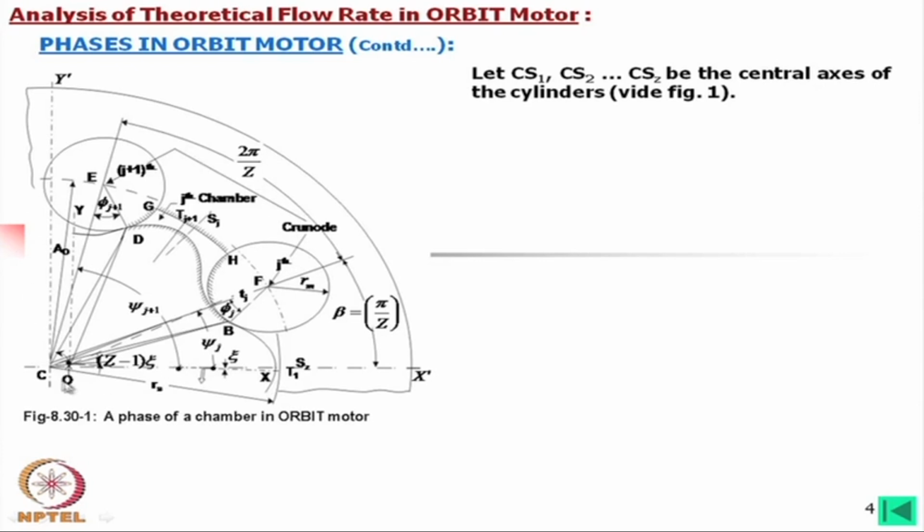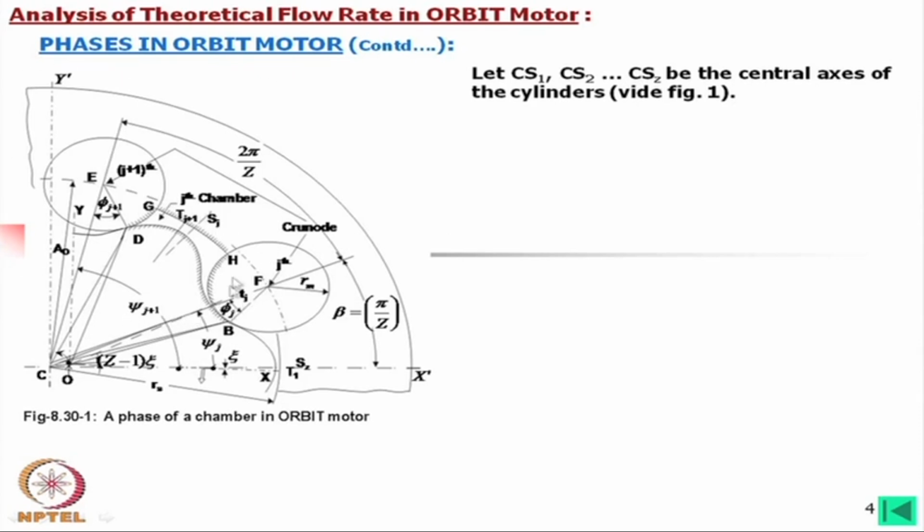So, on the envelope, from C, the center of the envelope, to the center of this portion, that is, the center of the chambers, we have designated it as C S. According to the number of chambers, we have numbered the chambers also, S1, S2, S3, etc.